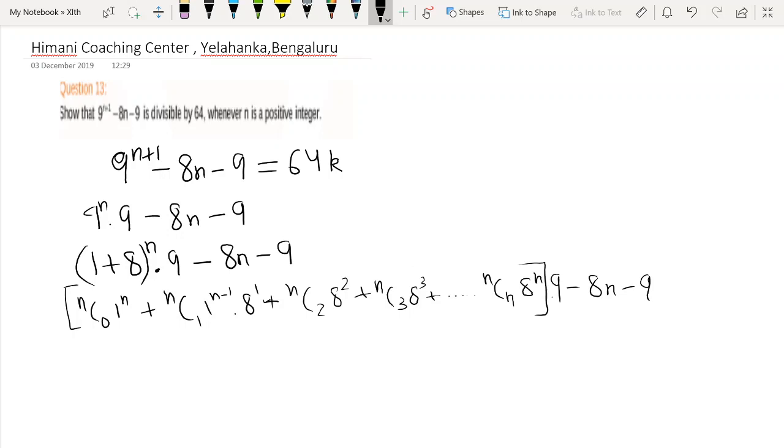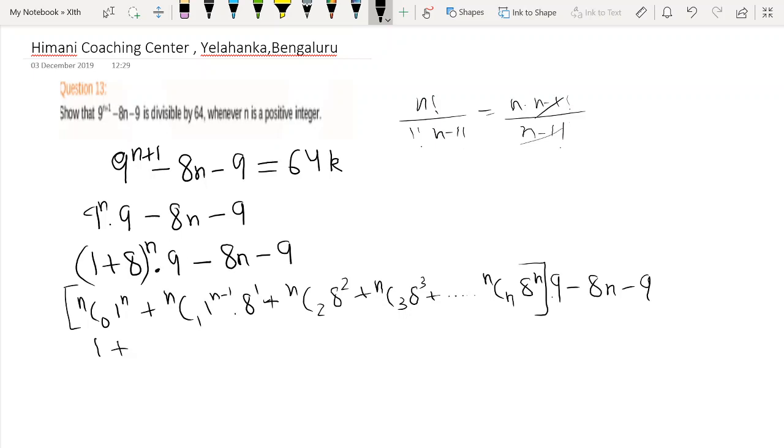Okay students, now nC0 is 1, because 1 raised to power anything will be 1, so this is 1 plus, now if you solve nC1 you will get n. If I solve nC1, n factorial over 1 factorial into n minus 1 factorial, which gives me n into (n minus 1) factorial by (n minus 1) factorial, so we get n.